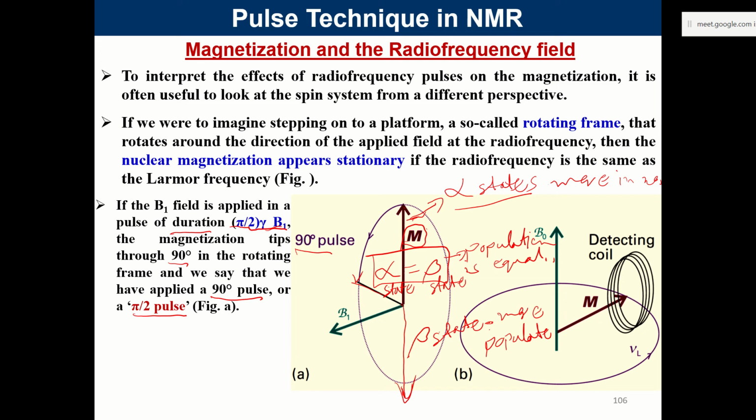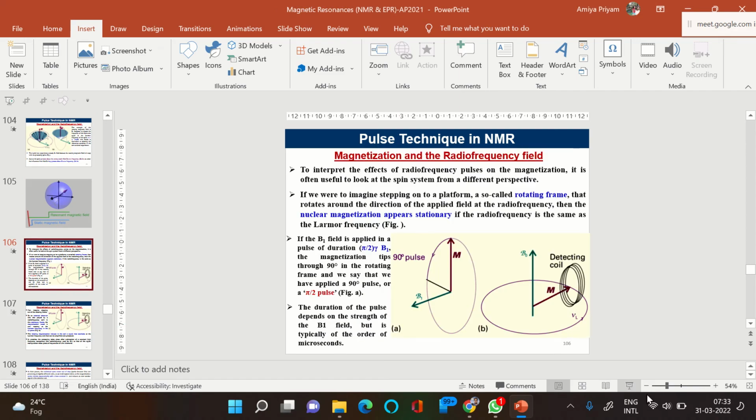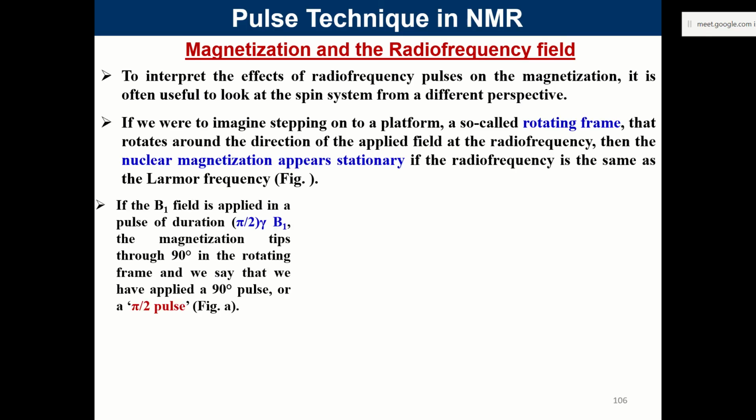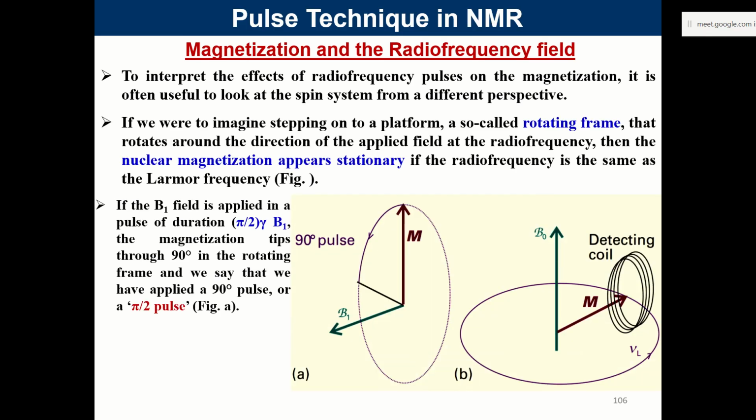Okay. So coming back, discard the whole thing and start again. So this is what we mean by applying a 90-degree pulse. Initially, alpha state was more populated; if you look at the individual nuclei, most of the angular momentum was having the Z component pointing along plus half.